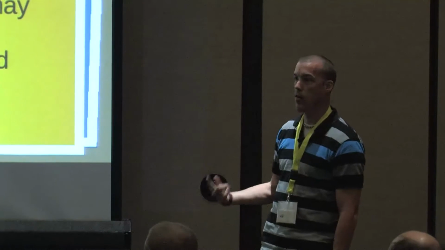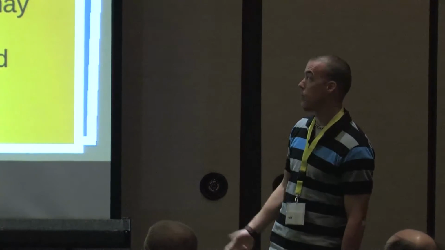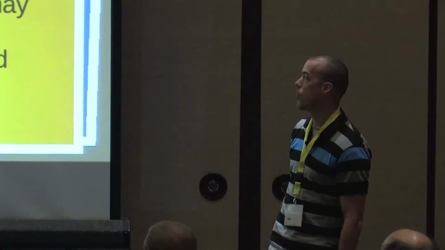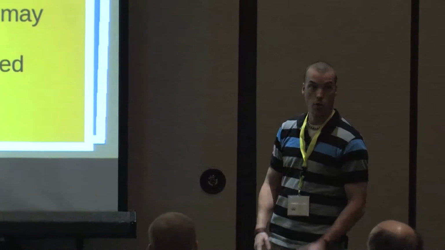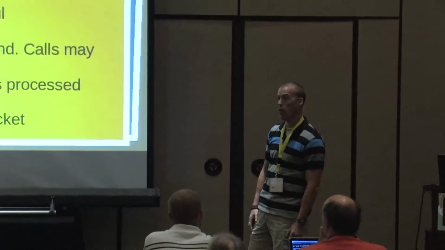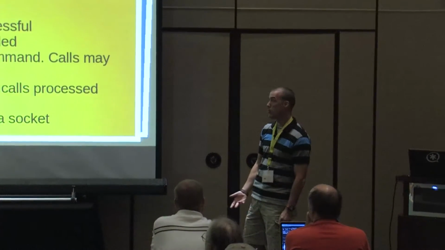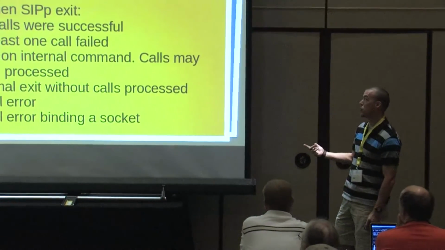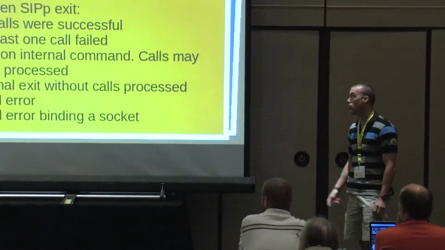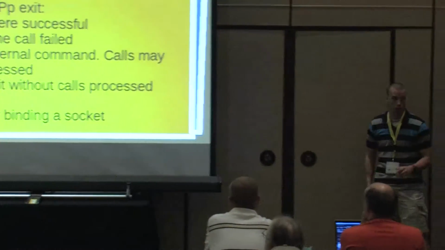The 0 means that in my test I did just one call, and it passed, so it would return 0. Let's say you're generating 10,000 calls and you want to make sure all those calls are successfully processed by the scenario, then you should get a 0. If you get a 1, that means at least one call failed.